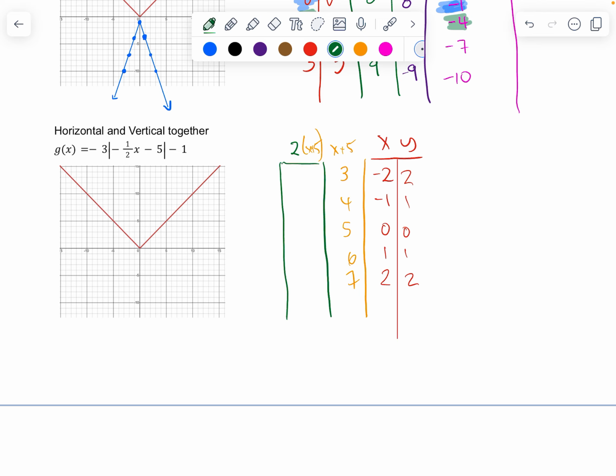So that's going to get me a 6, 8, 10, 12, 14. And last but not least, I'm multiplying that by negative 1. So all I'm doing is taking the numbers I found and multiplying them by -1.